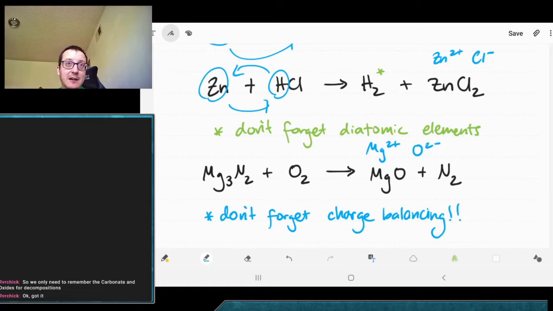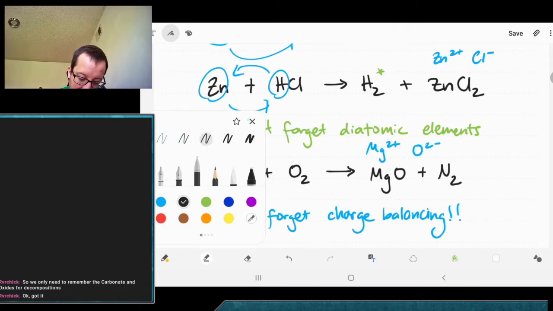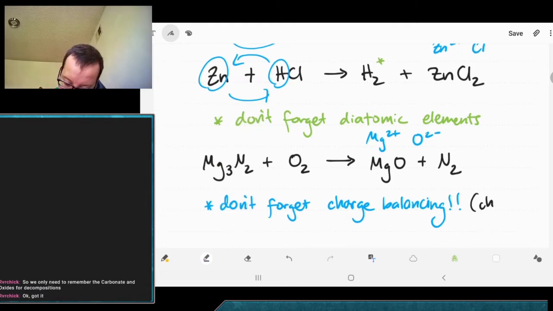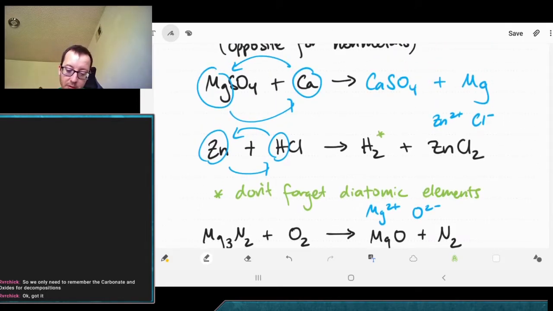When we kick these things out, we have to make the correct compounds. And if we're going to make the correct compounds, we have to remember our charge balancing. So again, it may be worth an hour or so, or less, to review charge balancing. If you want to remember that, that's somewhere in chapter 5, I think towards the beginning, if you've forgotten charge balancing. So it's super important, right?